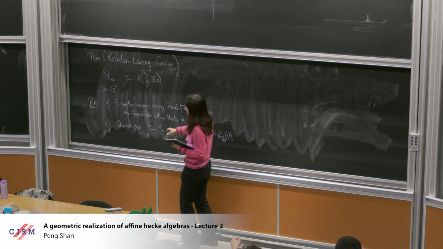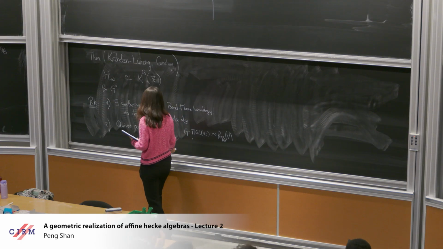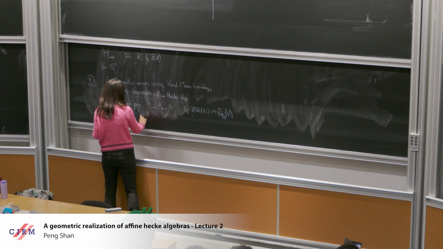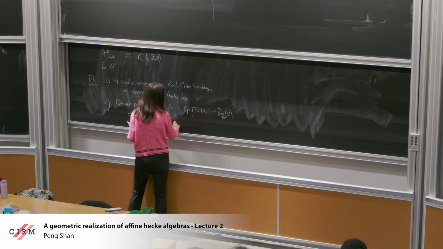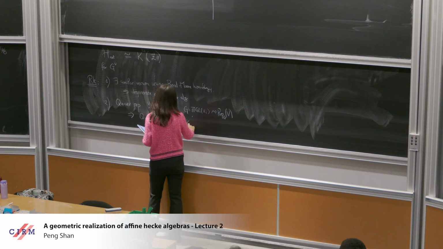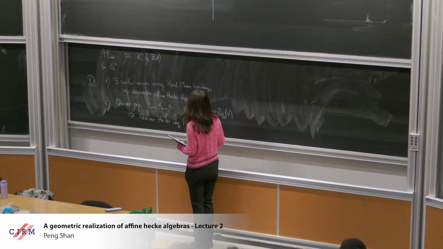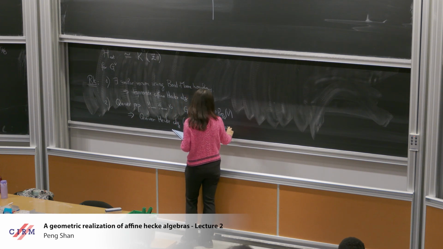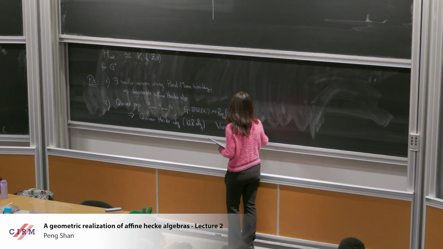And then you can play a similar game by taking a Borel, and you get a convolution algebra. You compute it, and you get something called quiver Hecke algebra, or people also call it KLR algebras. I think this is still Kazhdan-Lusztig, Varagnolo-Vasserot, and Rouquier.